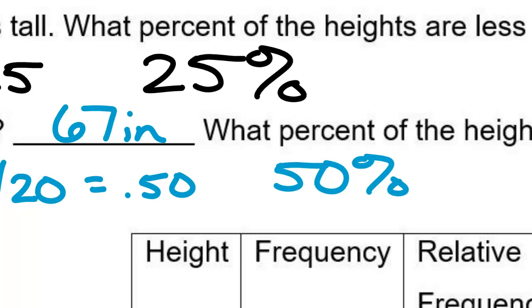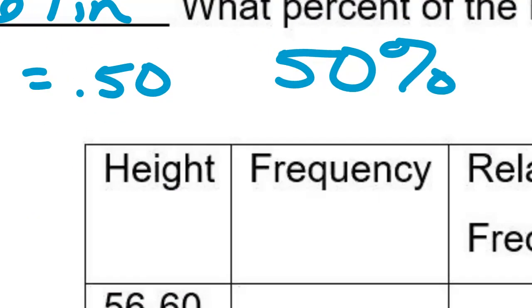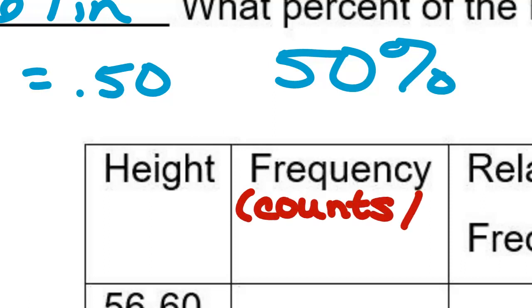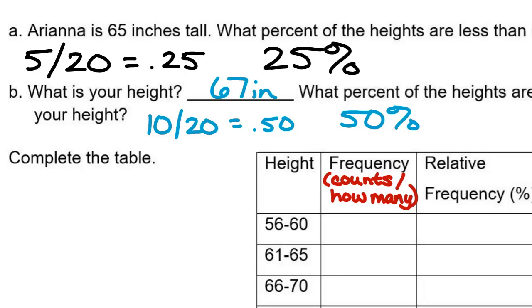I want to fill in this frequency table. And then we also have relative frequency and what's called the cumulative relative frequency. So frequency, remember, this is counts. How many? How many dots are there between 56 and 60 inches?